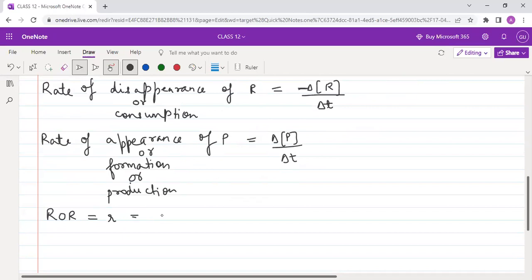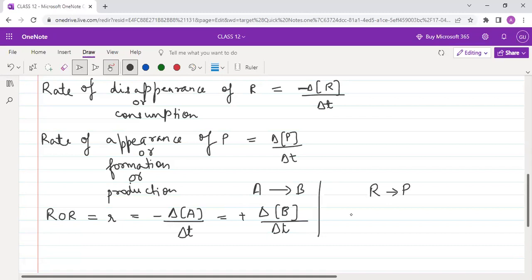So it will be minus delta A by delta T, that means change in concentration of A with respect to time, and plus change in concentration of, sorry, if we have taken the reaction A to B, it will be minus delta A by delta T and plus change in concentration of B upon delta T. And if we write in terms of R forms P, then it will be minus delta R by delta T and plus delta P by delta T. That means it is just the change in concentration upon the time taken.